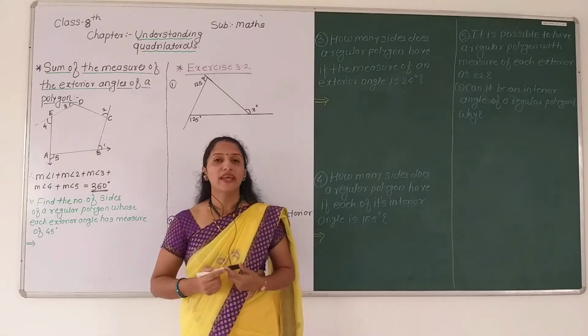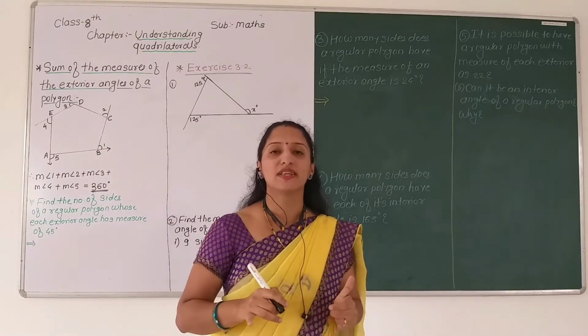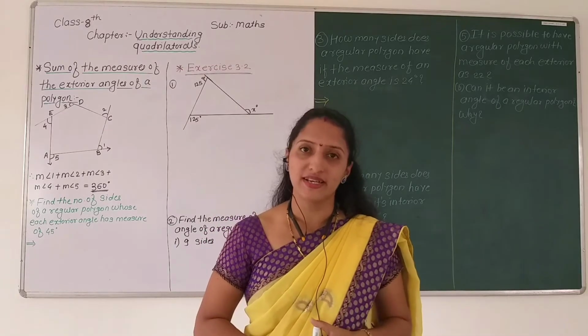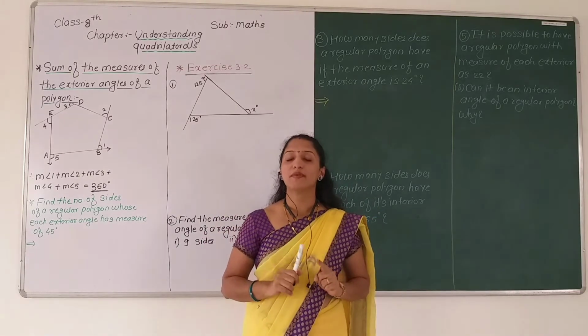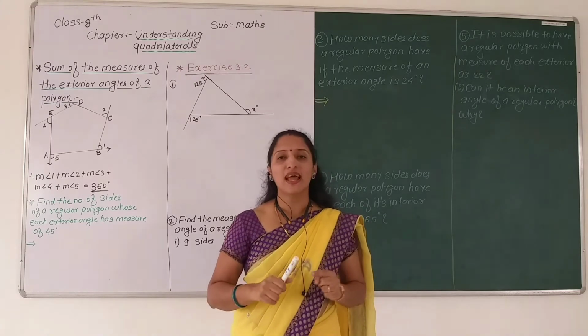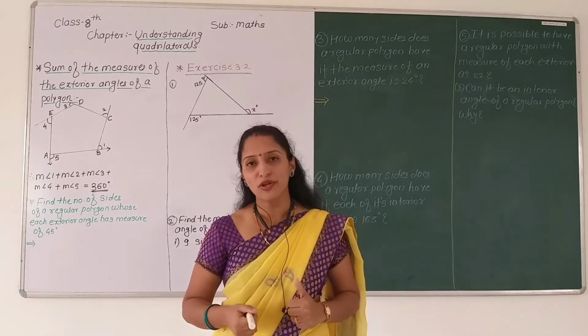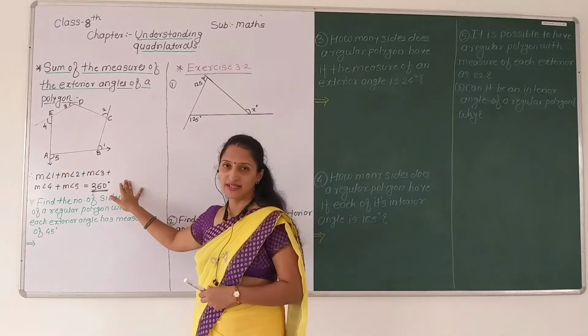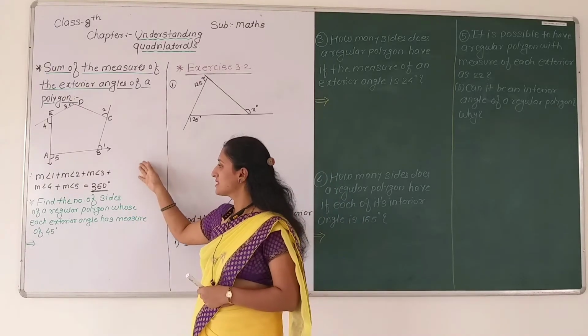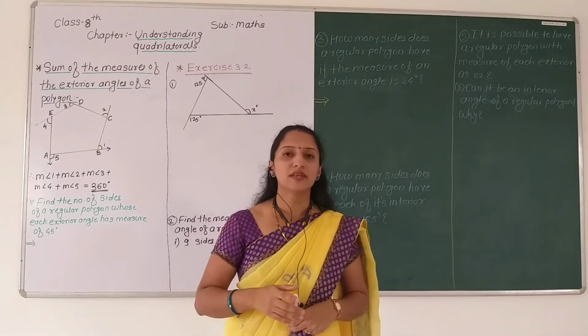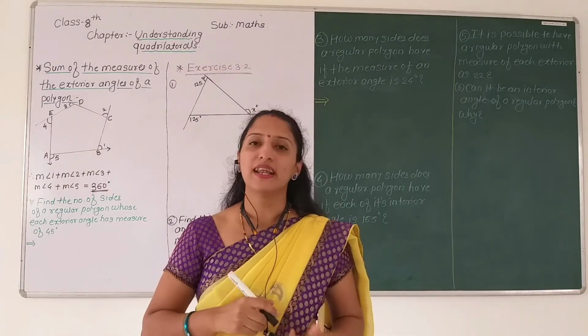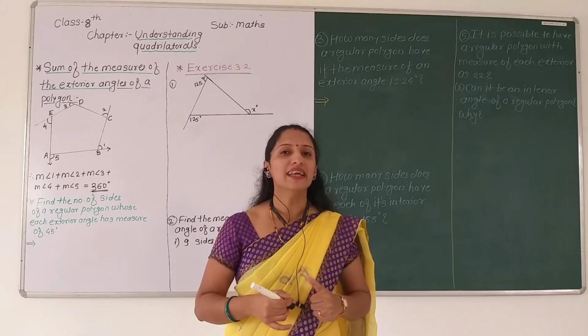So the sum of exterior angles is 360 degree. Okay, so students, you have to remember, sum of exterior angles of polygon is 360 degree.